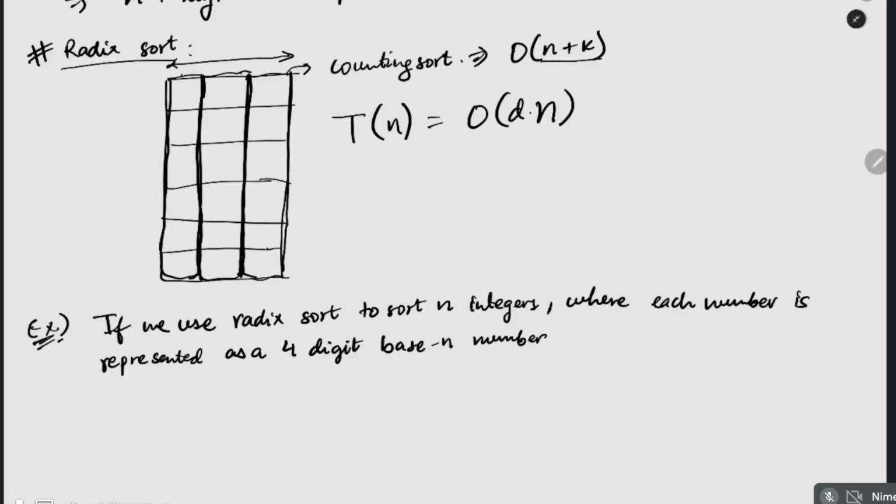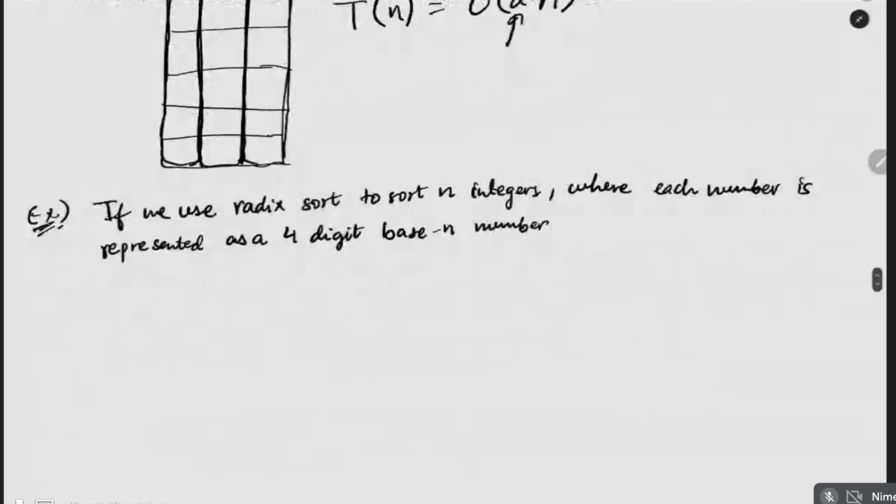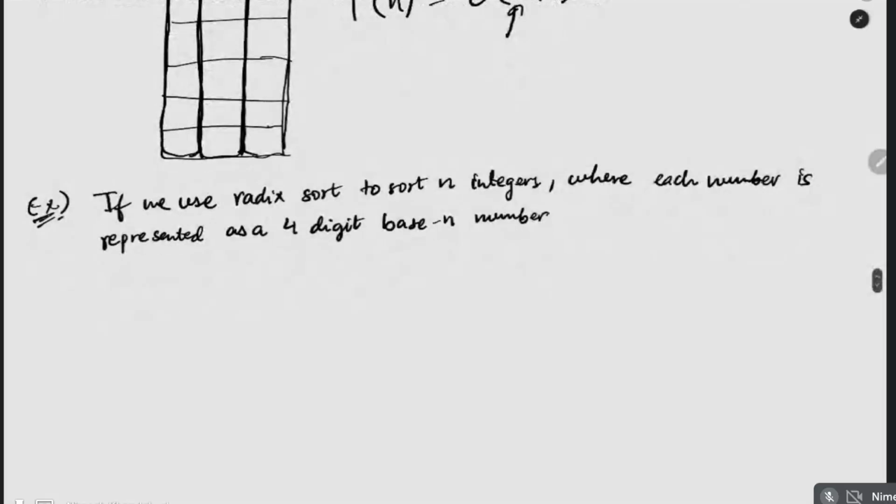That is the number of digits for the particular base that we divide it in. So here we are given a four-digit base.